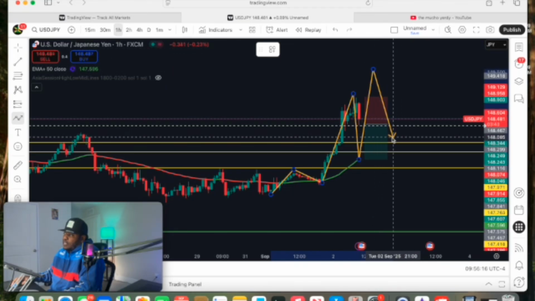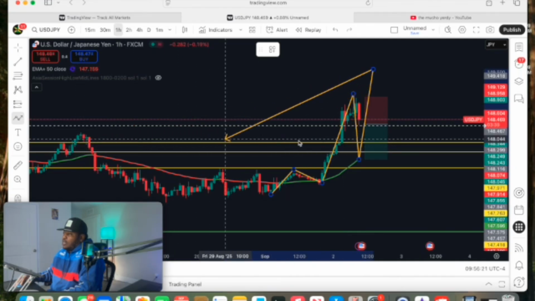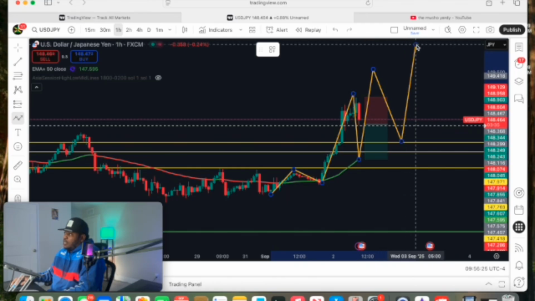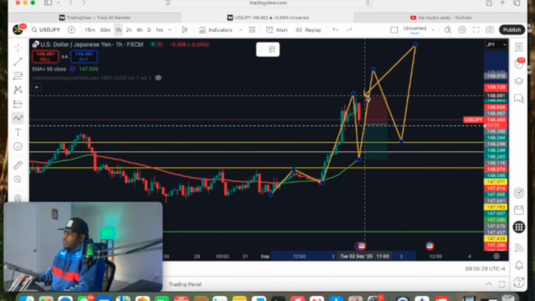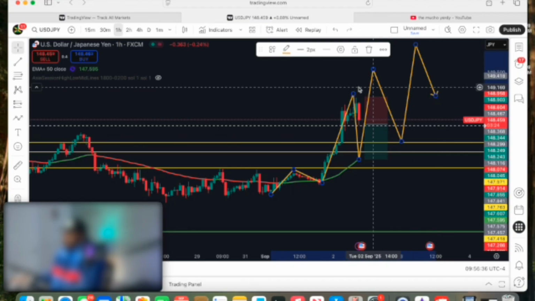Then to give us another low, preferably at one of these points that are already marked up, to give us another high, to give us another low, which should be in line with this one, because right now that's a resistance, so it will form a support like that.